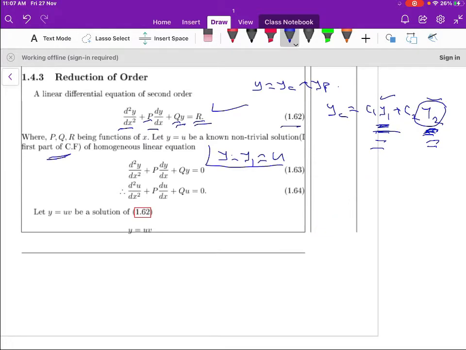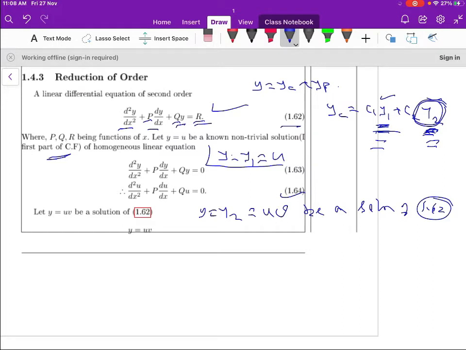To find the second part of the complementary function, that is y2, let us assume the solution of 1.62, y2 is equal to u into v, be a solution of equation 1.62, where v is unknown to be determined, and u is the first part of the complementary function.